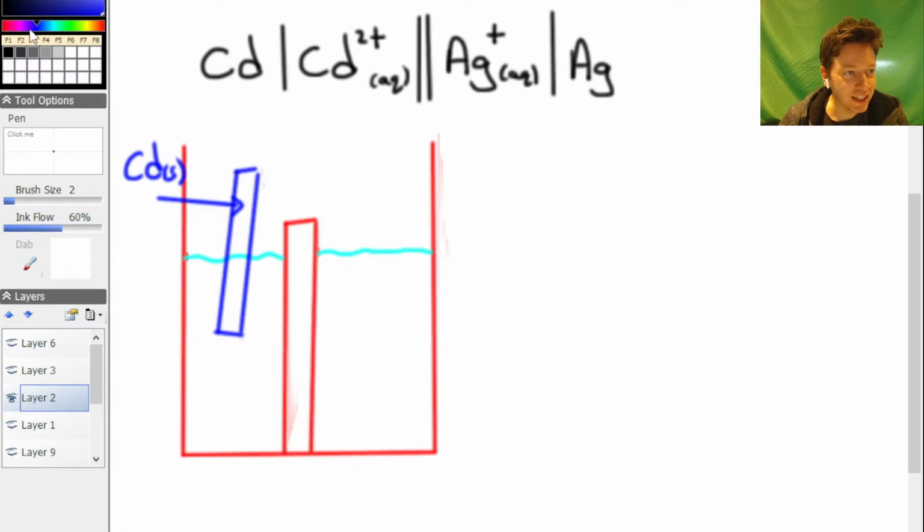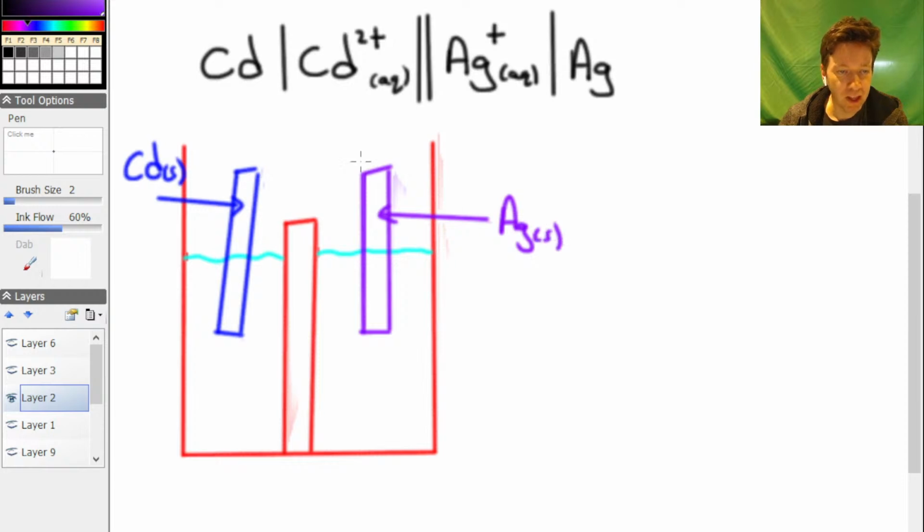And on the other side, we have our silver, so Ag, solid. Now, the notation is this is our anode, and this is our cathode. Right? So our anode is over here, and our cathode is over here.